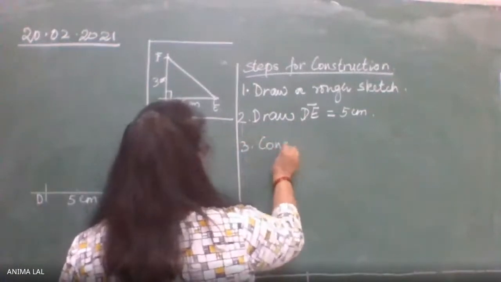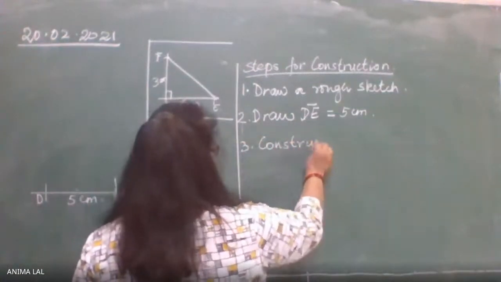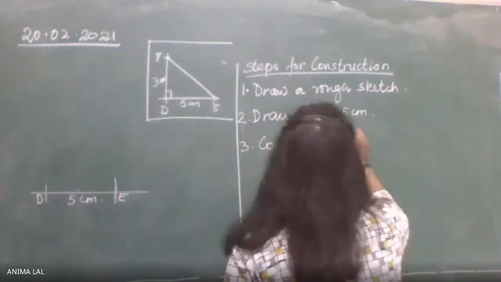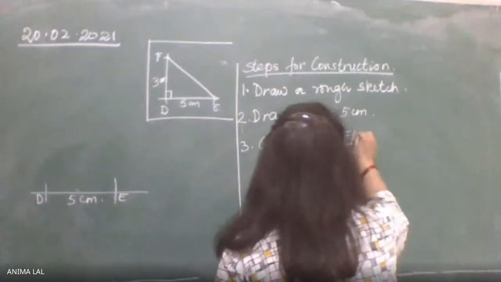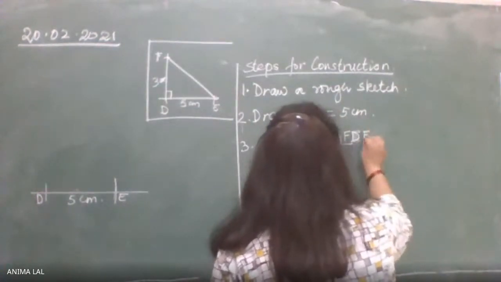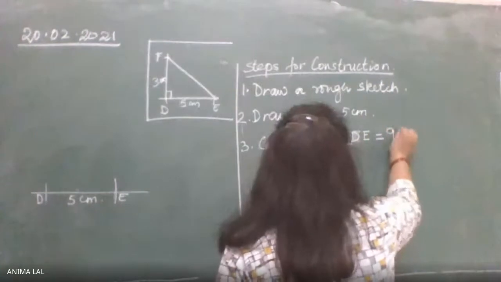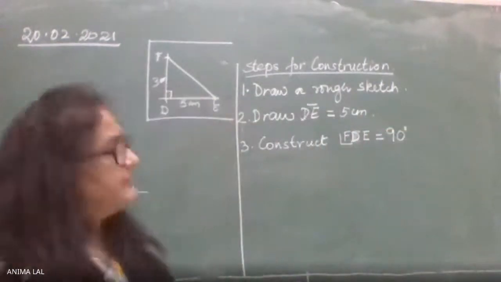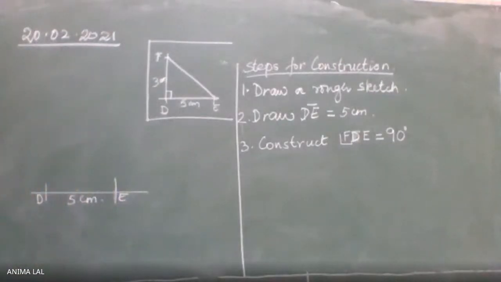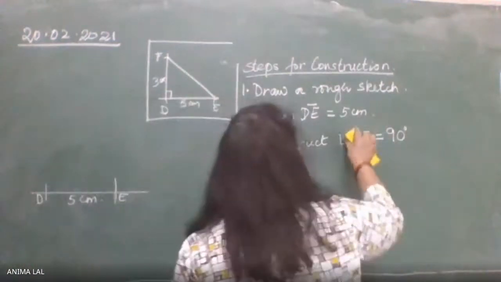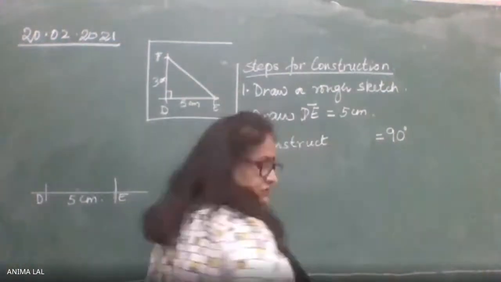Third step will be construct angle FDE equal to 90 degree. Sorry, not F. You will not get F out here right now.